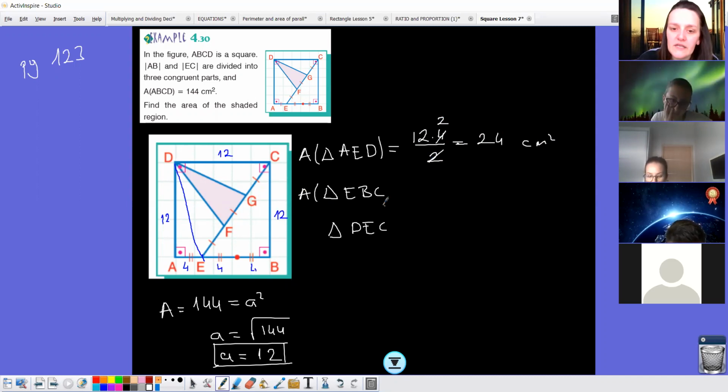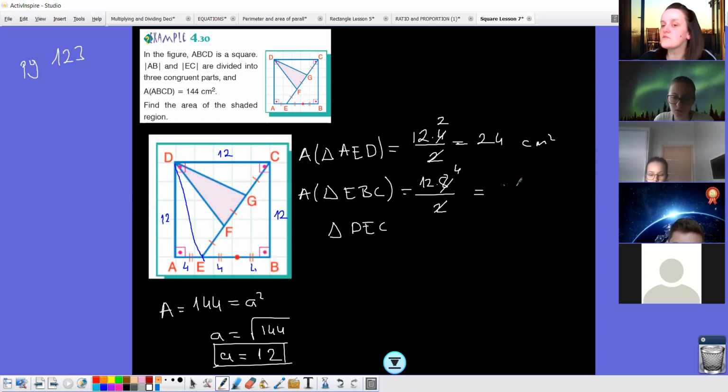Area of EBC: this one is also a right triangle, and I know 2 sides. It is 12 times 8 over 2. When I simplify, 12 times 4.